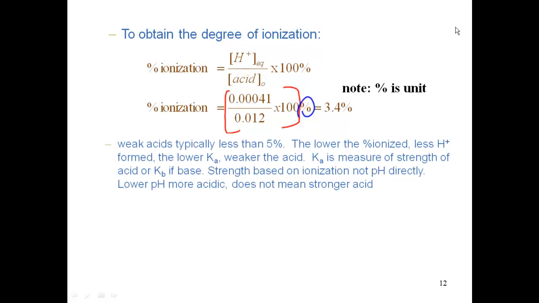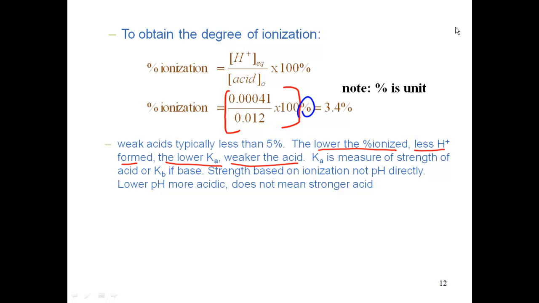Weak acids typically ionize less than 5%. The lower the percent ionization, the less hydronium ion being formed, which means the smaller the Ka, which in turn means a weaker acid.